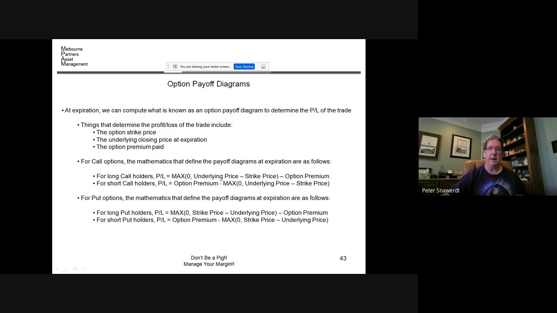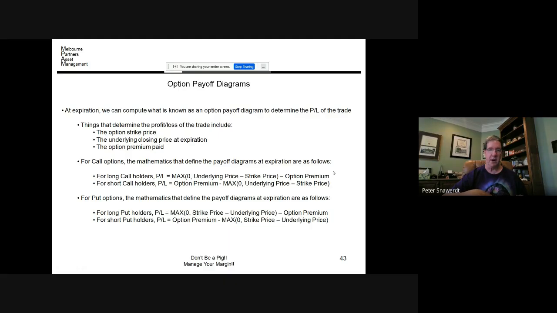Well, then the underlying price of 110 minus our strike price of 100 gives us $10, minus the option premium of $1 means that overall we made $9 on that particular option. Depending on the contract size, if it's a standard contract of 100, then we made $900 per options contract.